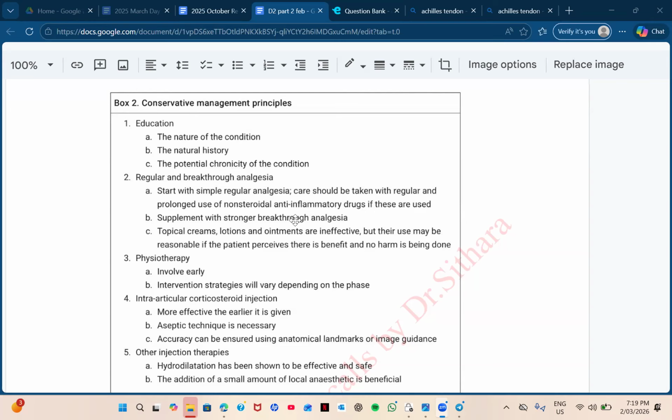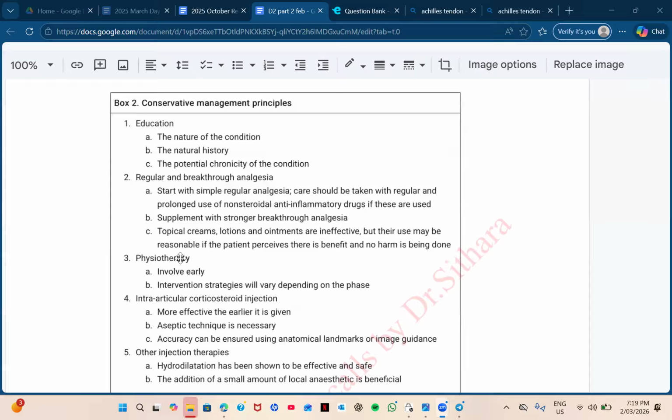Start with simple regular analgesia, then supplement with stronger breakthrough analgesia. Topical creams, lotions, and ointments are ineffective, but they may be used if the patient perceives a benefit and no harm is being done, right?